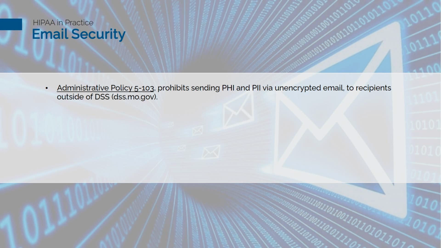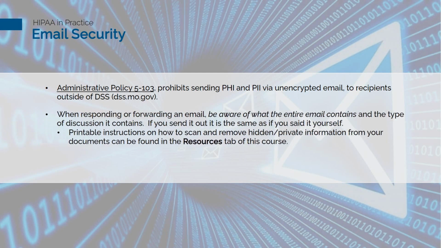If the email address ends with @dss.mo.gov, then the recipient is inside of DSS. Any email address that does not end in dss.mo.gov is outside of DSS and requires encryption if sending PHI or PII. Before you forward or respond to a chain of emails, be aware of the entire content of the email and the type of discussion it contains.